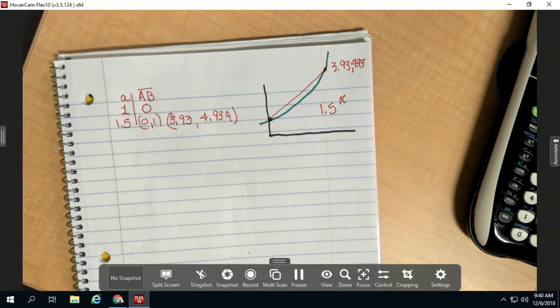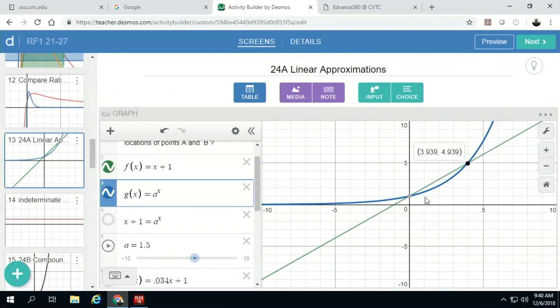Well, let's look at the addresses of some other points. Does it make sense that when we're here at 1, if we go over 1, we would be up 1.5? Yeah. If we go over 2, does it make sense we would be up 2.25? Yeah, because 1.5 to the second is 2.25. If we go over 3, does it make sense we would be up 3.375, right?